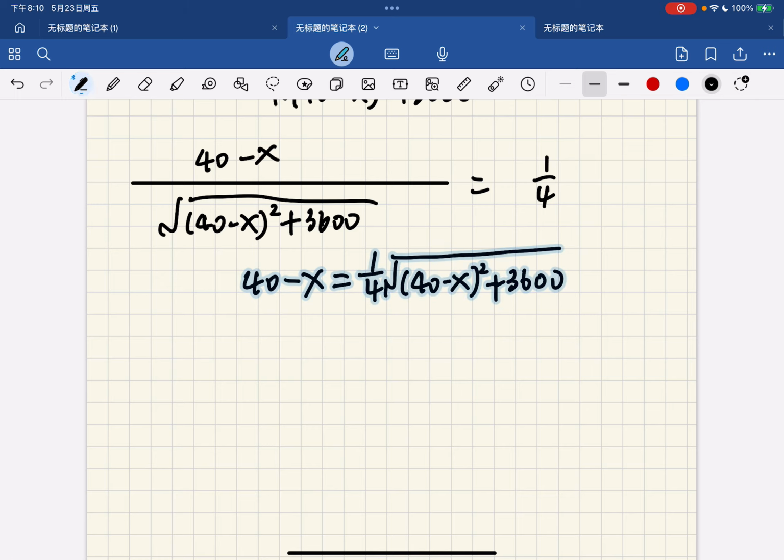This has a square root, so we need to square both parts, so it will always be squared.